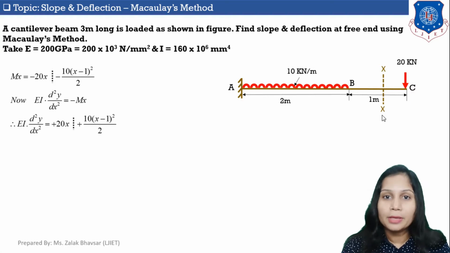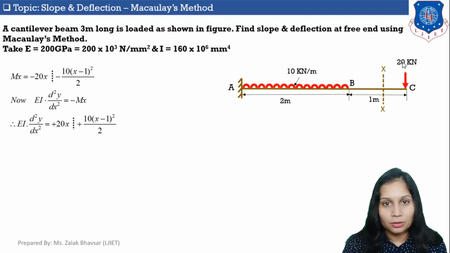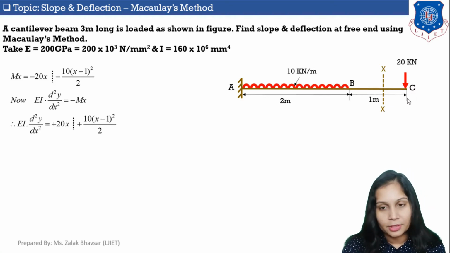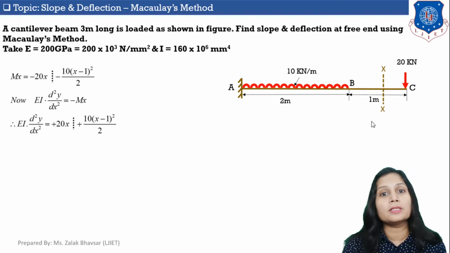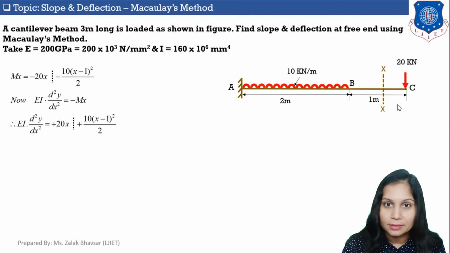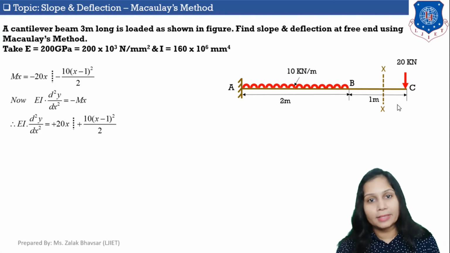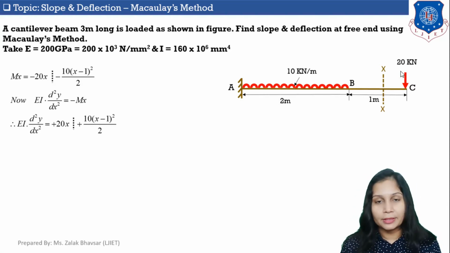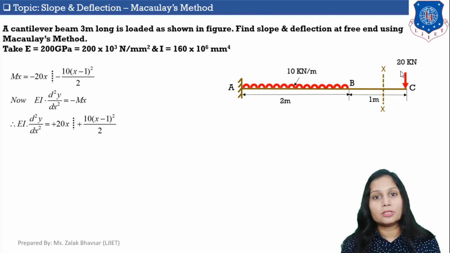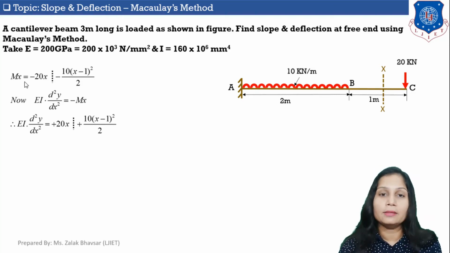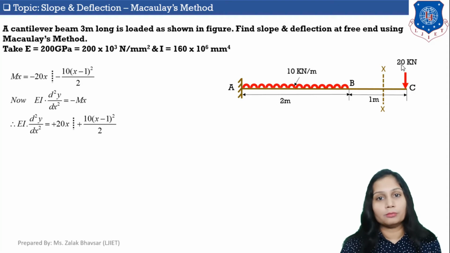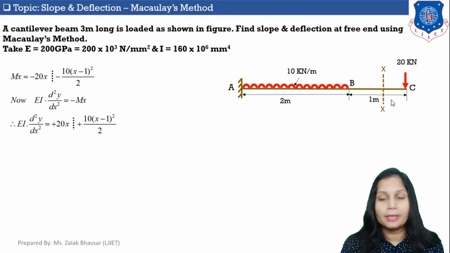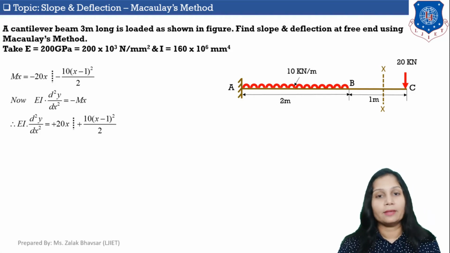Now here this 20 kilonewton load is acting in a downward direction, so it will generate clockwise moment about the section x-x. Now here, as per the assumption, the moment generated is clockwise, so I am taking it as negative. And the moment of this point load about the section line x-x is equal to 20 into x.